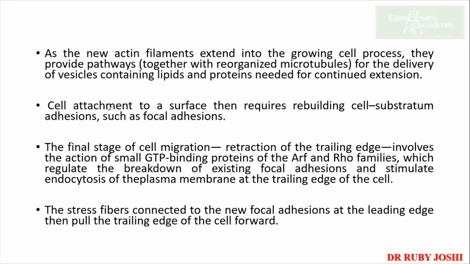Okay, so the cell attachment to the surface, as we know, is known as the focal adhesion. Remember, we spoke about the focal adhesions. Now, the final stage of cell migration is retraction of the trailing edge. It is again the activity of small GTP binding proteins of the ARF and Rho families, which regulate the breakdown of the existing focal adhesion.